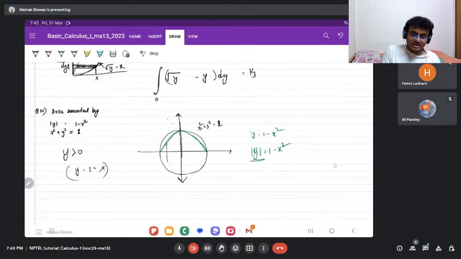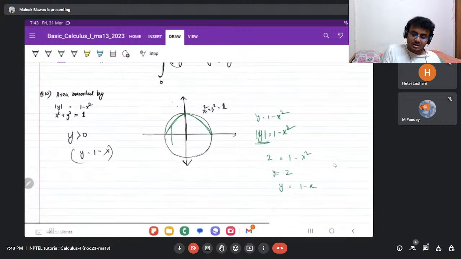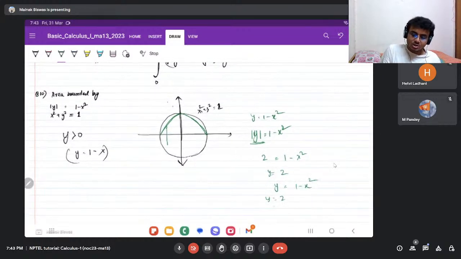For example, if y is equal to 2 and y is equal to 1 minus x square, then y equal to minus 2 is also 1 minus x square, right? Yes, sir. So this is actually wrong, since 2 will never come. Let's write 0.5, so you will have a symmetric curve on both sides.